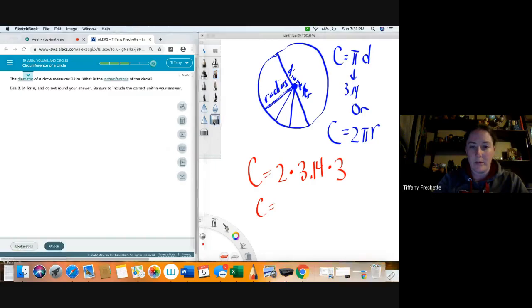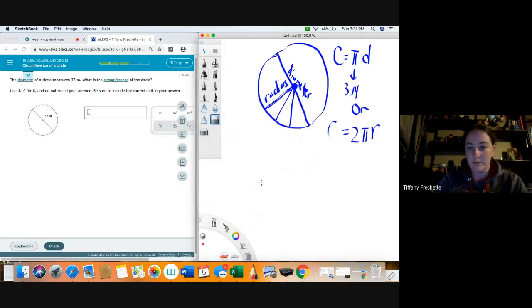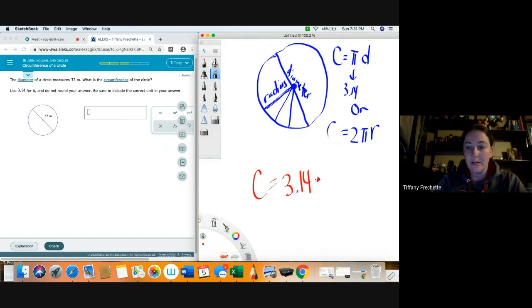All right, one more. The diameter of a circle measures 32 meters. What is the circumference of the circle? Diameter means we go up to this first one. Circumference equals 3.14 instead of pi, times the diameter, which they told us is 32 meters.